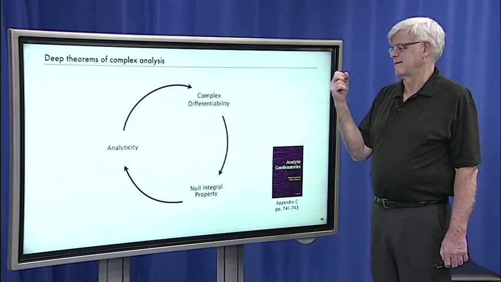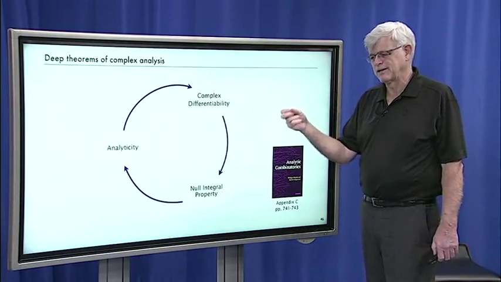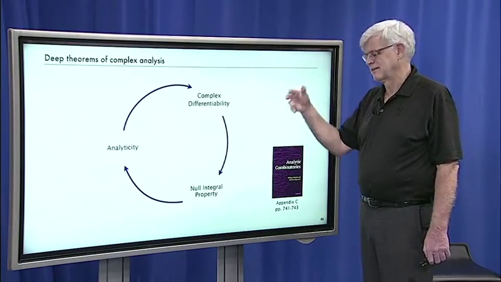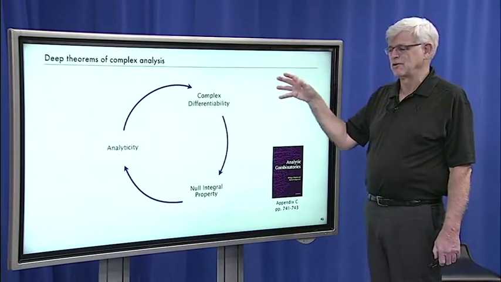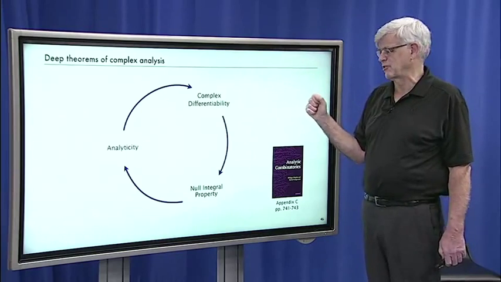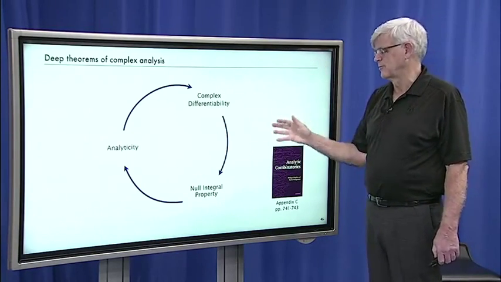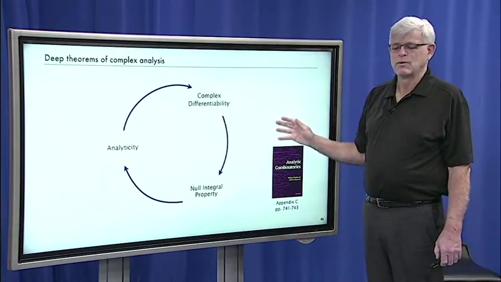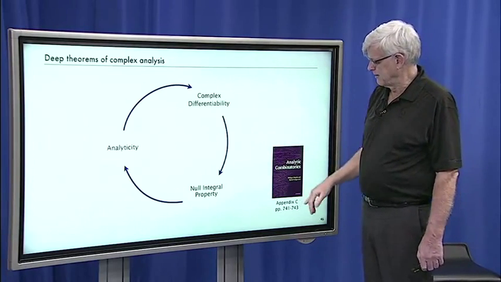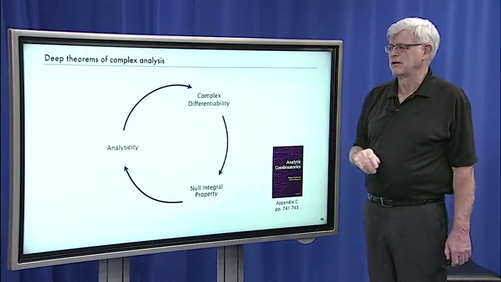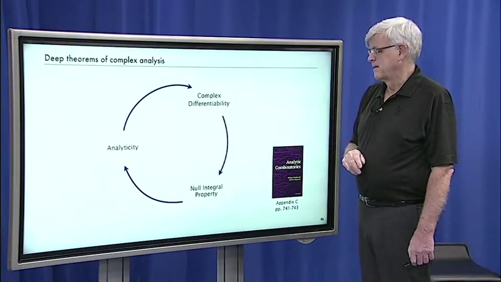The idea that a function can be expanded in a power series, the idea that it's differentiable, because that limit that defines differentiation exists no matter what direction you go, and the idea that the integral around a closed loop should be zero, those are equivalent ideas, and in the book we actually prove it with this circle of implication.